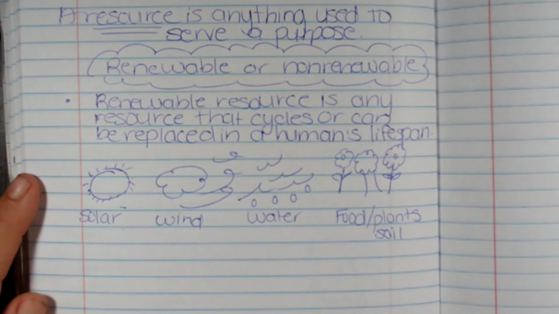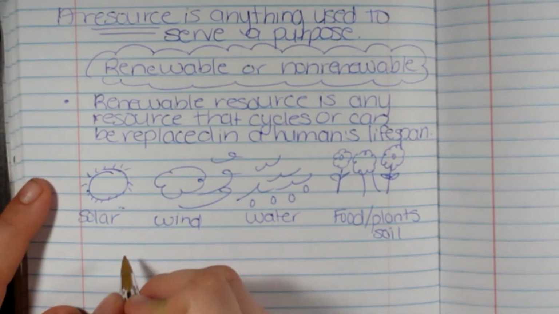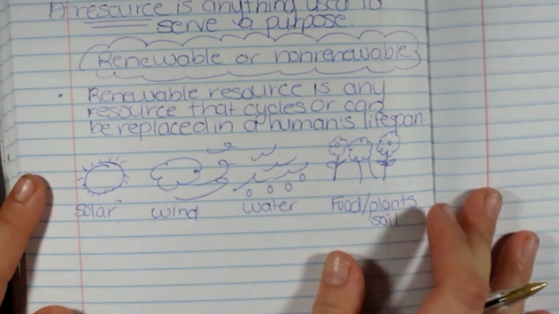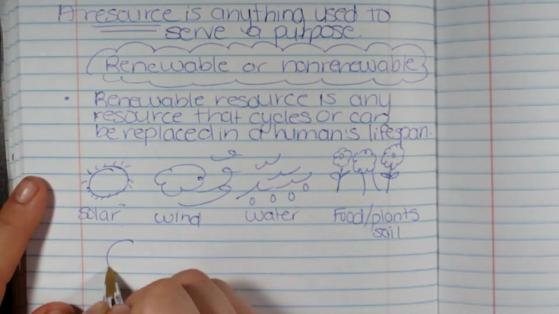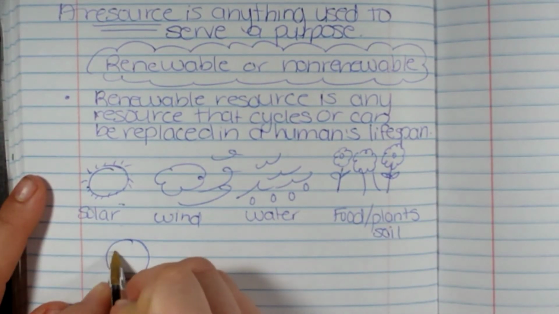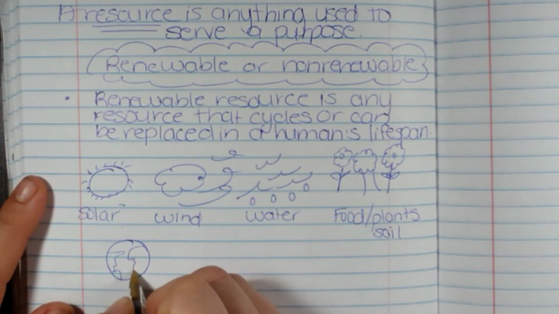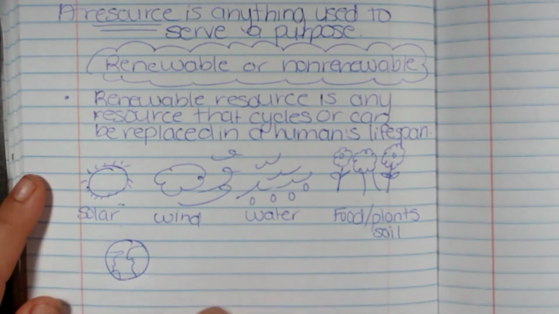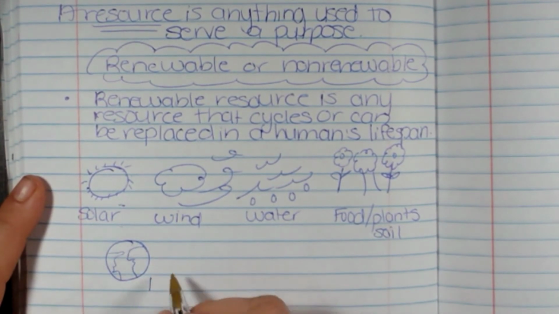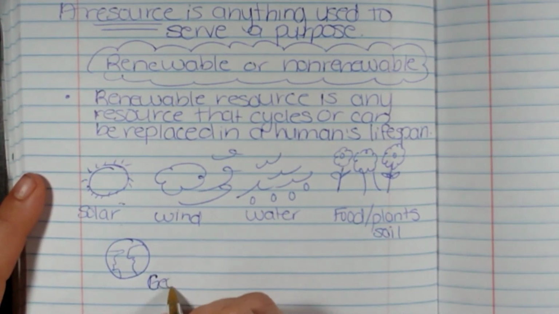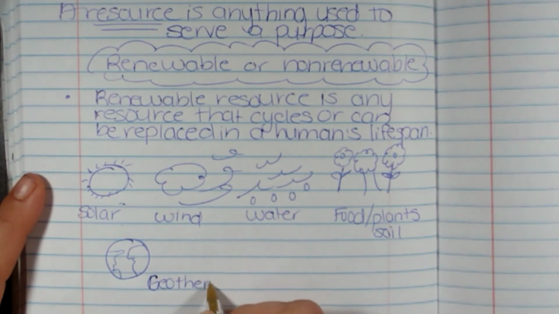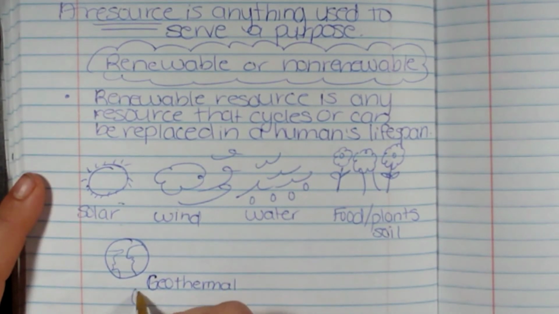We also have geothermal energy. So geothermal energy is heat inside of the earth. I'm just going to pretend like I'm drawing the earth here. It doesn't look like anything specific. I just doodled it. So this is geothermal. Heat inside the earth.